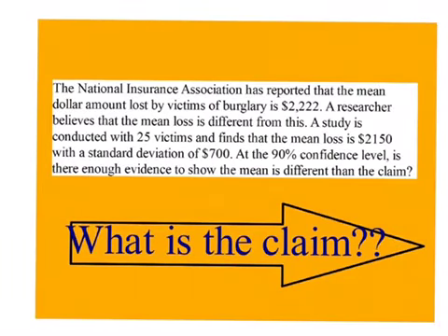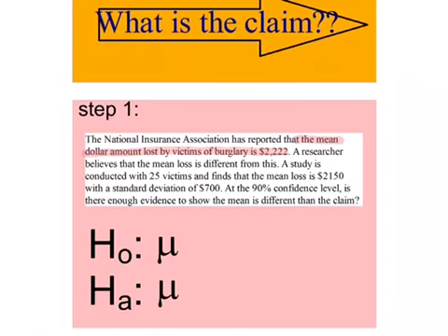For instance, if I give you this situation, they say the mean dollar amount lost by victims of burglary is $2,222. That's what they are saying. That is the claim. Using that claim, they say that the mean, the mu, equals 2,222.